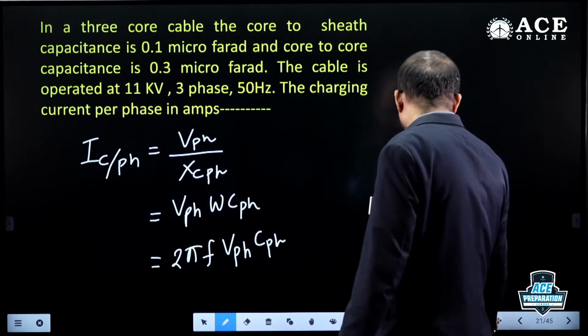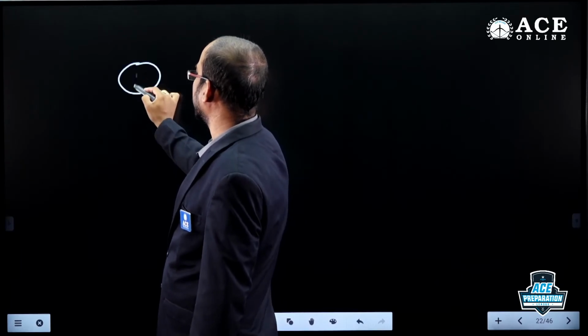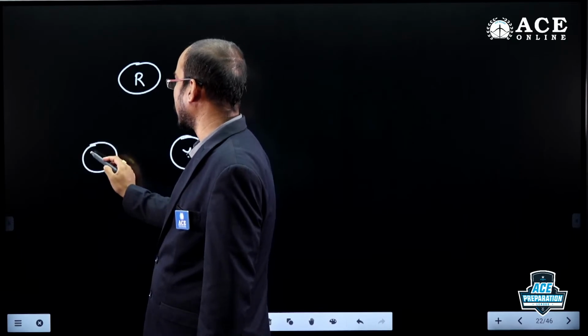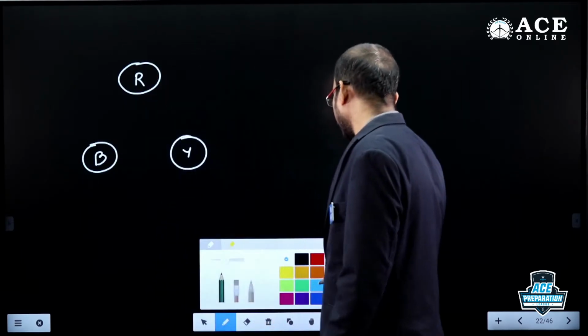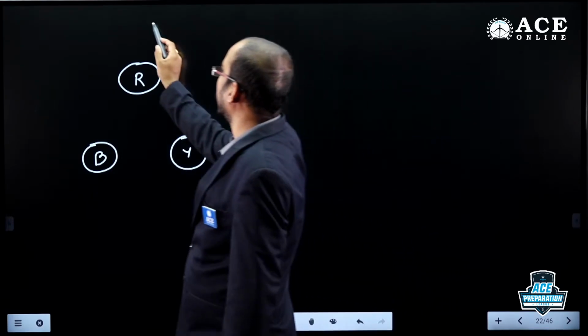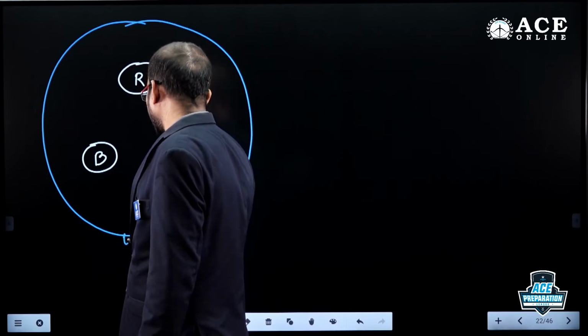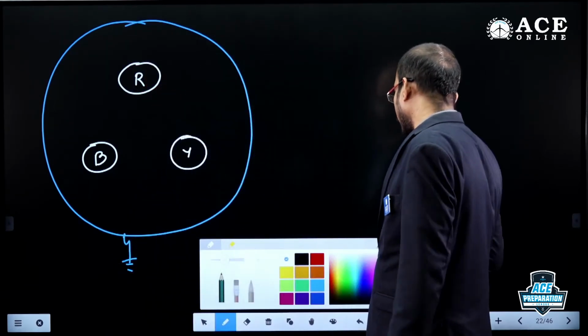Let us observe. If you take a 3-core cable, suppose this is R phase, Y phase and B phase, and there will be a metallic sheet. And the sheet is at what potential? Ground potential. Sheet is at ground potential.